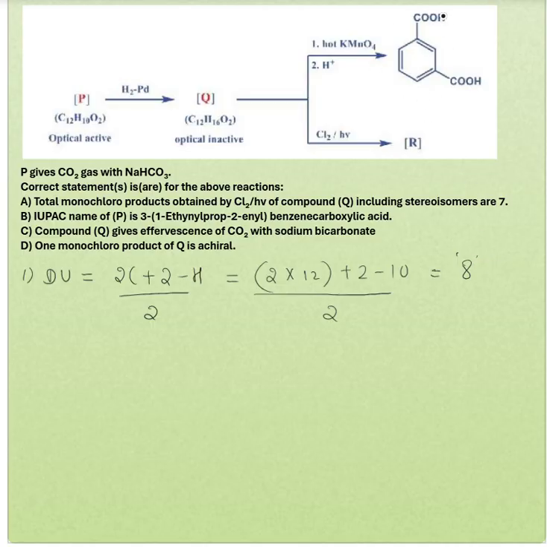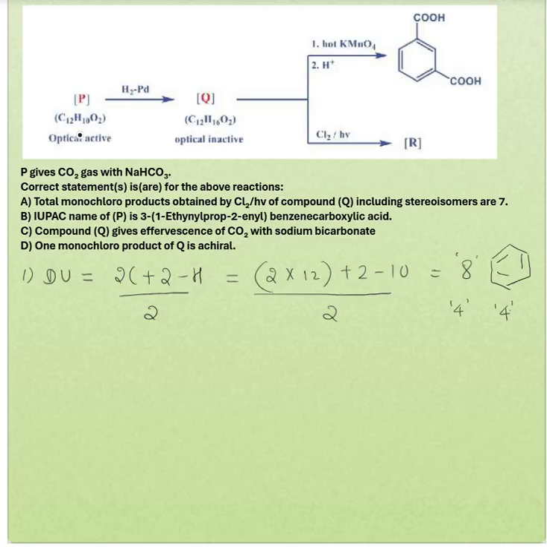But look at this, the final product shows aromaticity. That means the molecule is aromatic, so our molecule must have a benzene ring in it. The degree of unsaturation for benzene is 4. So out of 8, 4 corresponds to the benzene ring. We need to account for the rest of the 4 degrees of unsaturation.